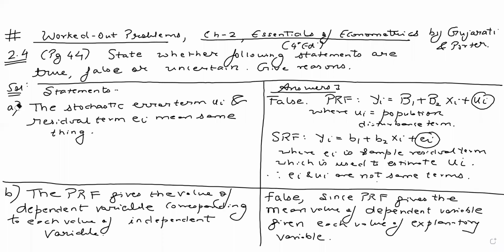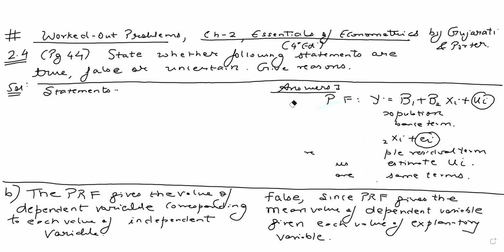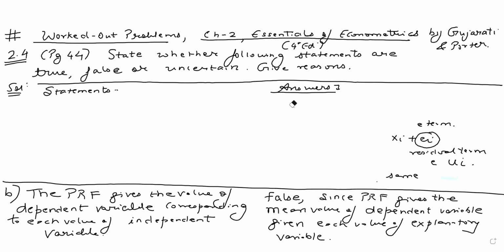Let's look at the third statement. So I erase statement A and I erase the solution also for A, and let's quickly look at statement C. So erasing this part off.